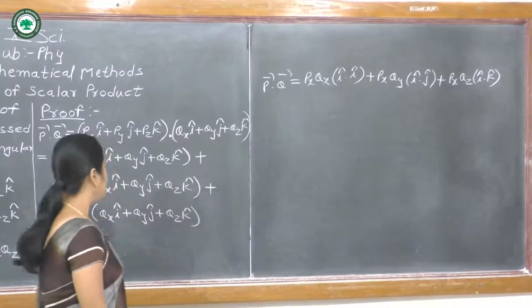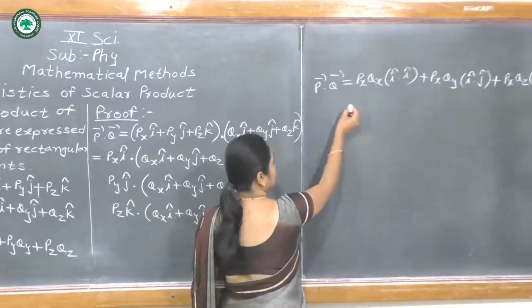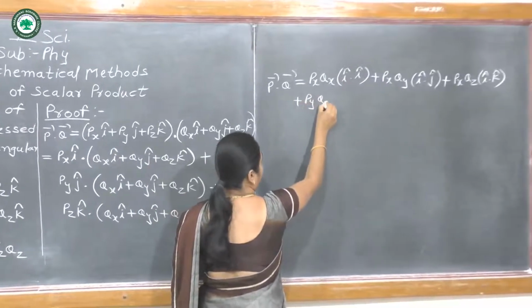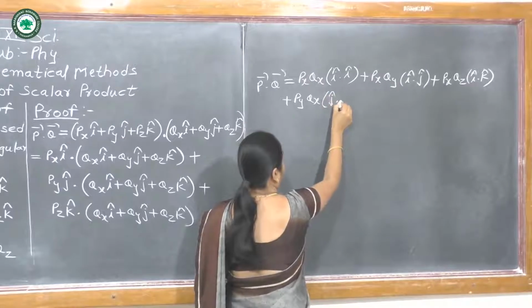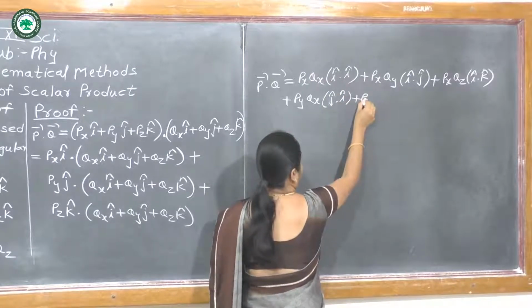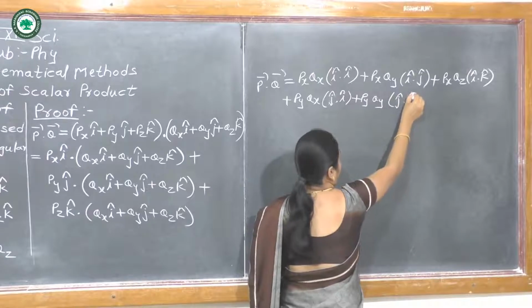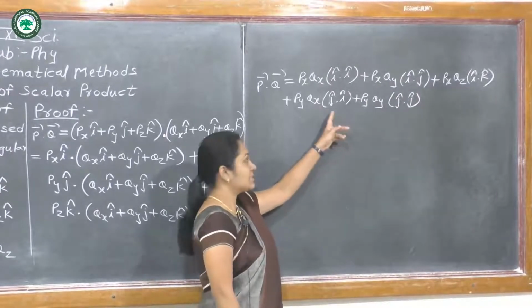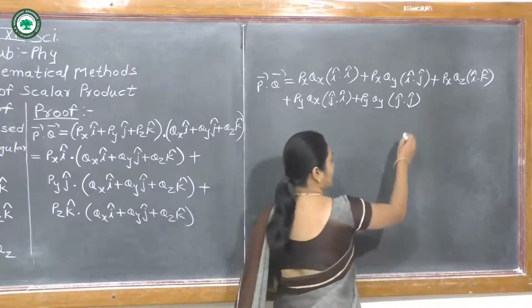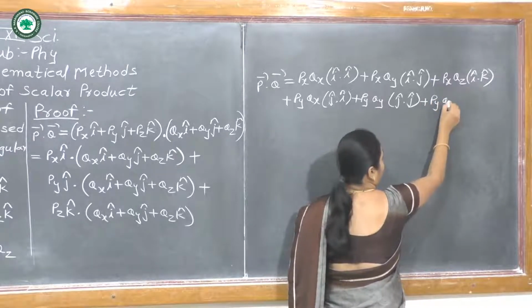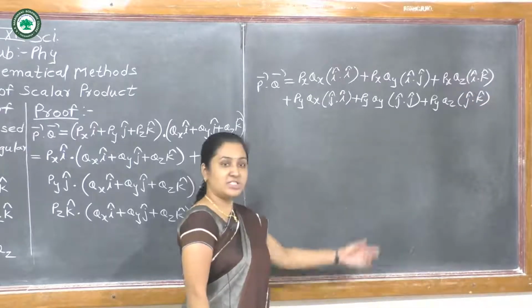Now we will take the dot product of Py j with this bracket, so plus Py Qx j dot i plus Py Qy j dot j plus Py Qz j dot k.